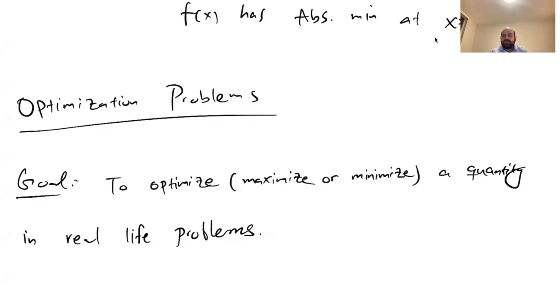Or sometimes you want to minimize the distance that a plane has to go from one destination to another. Sometimes our preference is to maximize, sometimes minimize. And the quantity could be anything, depending on the context: the distance of something, time of something, cost of something.